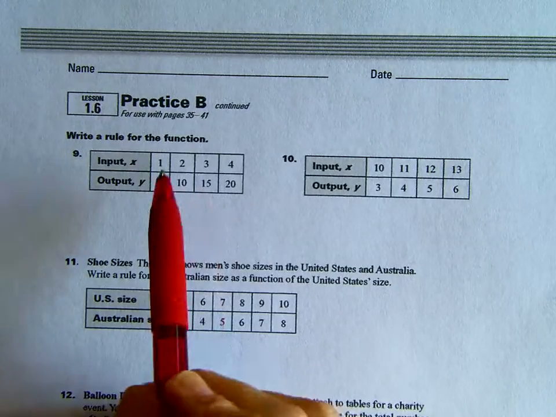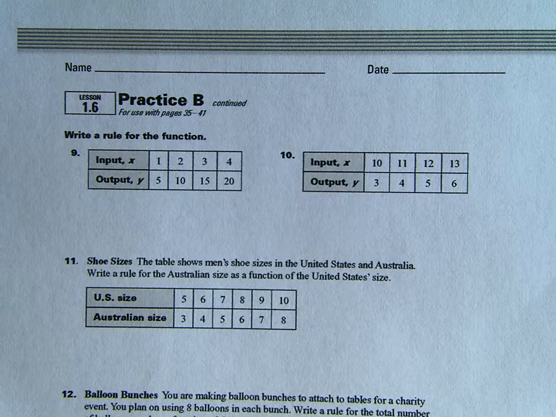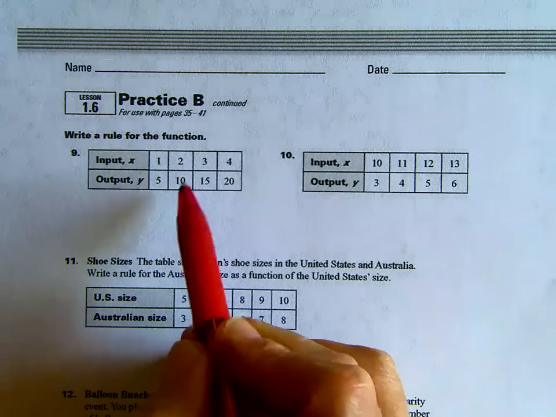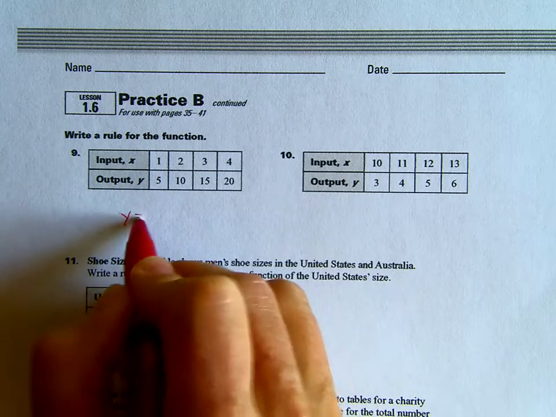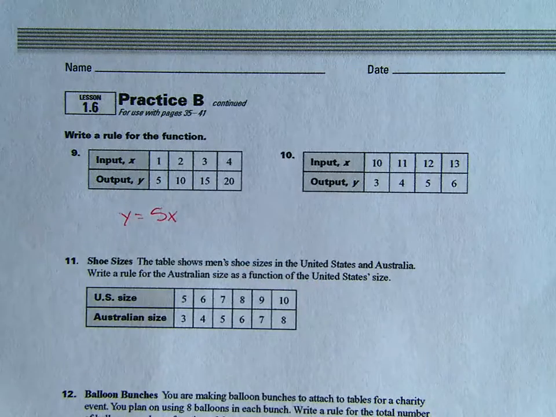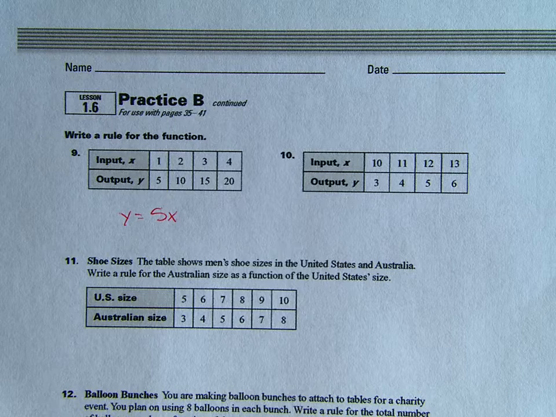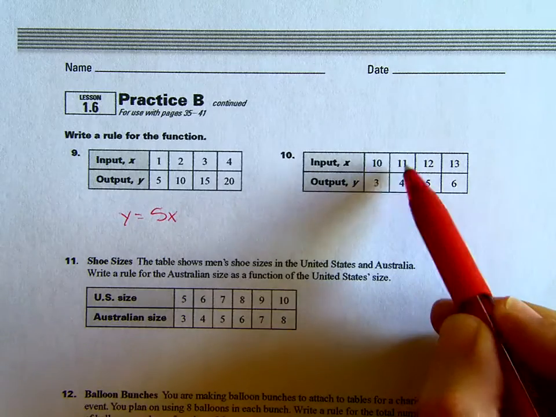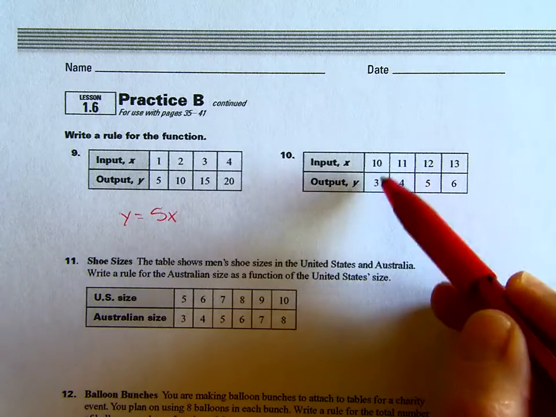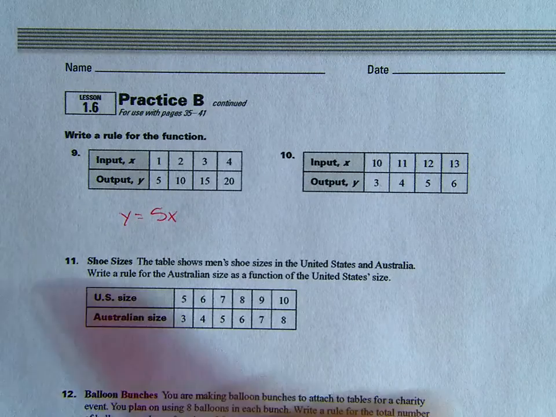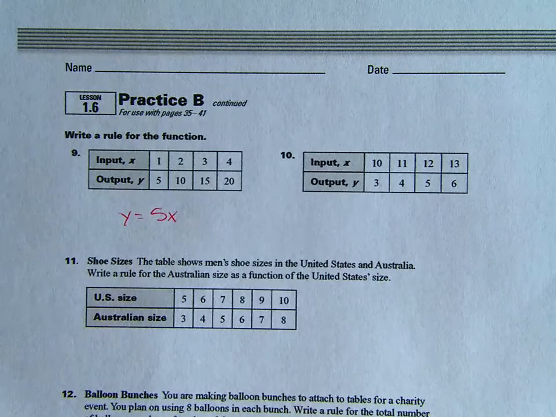Now they want me to write a rule for the function. And it looks like all that's happening here is x is being multiplied by 5, so y is 5 times x. In this case, let's try to figure out what's going on. Can you tell? If I put 10 in, how does 3 come out? And if I put 11 in, how does 4 come out?